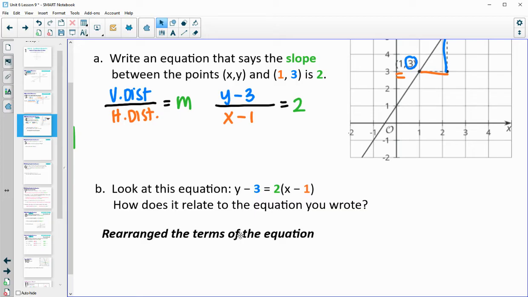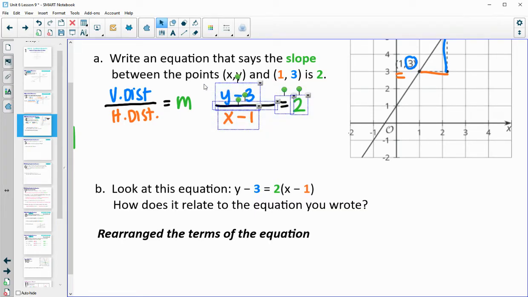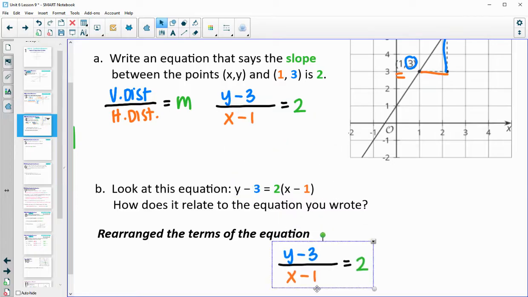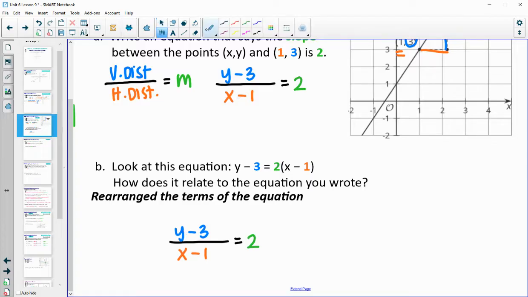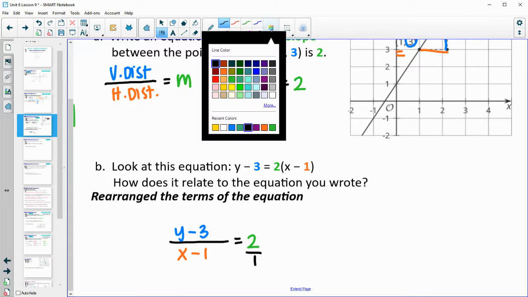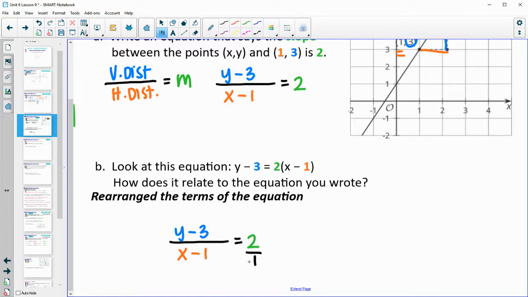So what do I mean by the terms are rearranged? Let me take this and bring it down here, and let's look at manipulating this equation using some different algebra rules. We could look at this as a proportion. We see this fraction over here, so we could put this part under 1, and then we could look into cross multiplying. If we multiply this 1 up here and then multiply this whole piece up to the 2, we end up with 1 times y minus 3, which is just y minus 3.